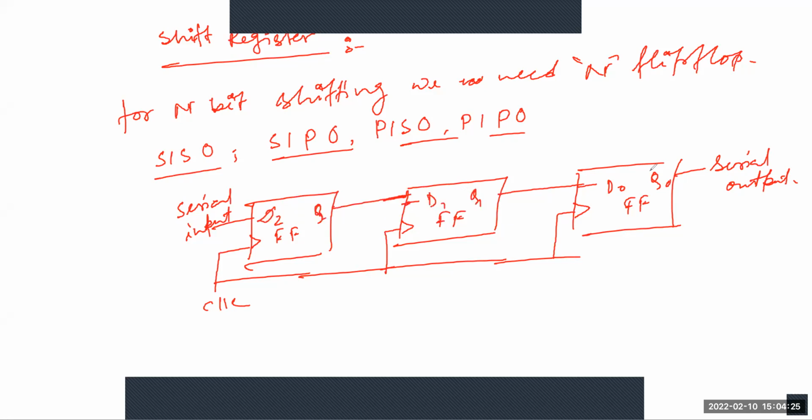Now the block diagram is that of a 3-bit shift register. This block diagram consists of 3 D flip flops connected to each other. This means that the output of one D flip flop is connected as the input of the next D flip flop. And here the clock pulse is connected.